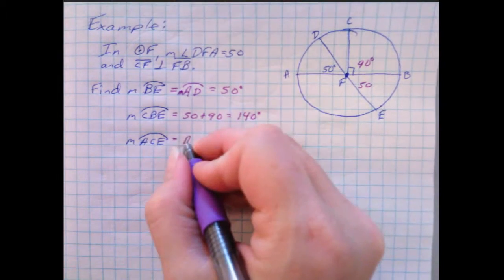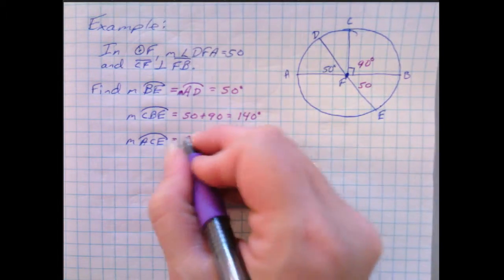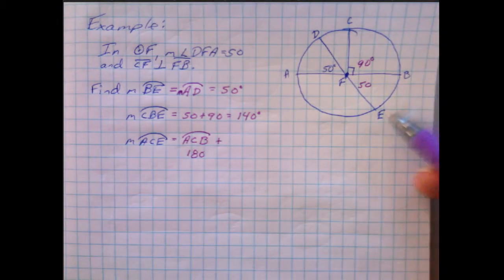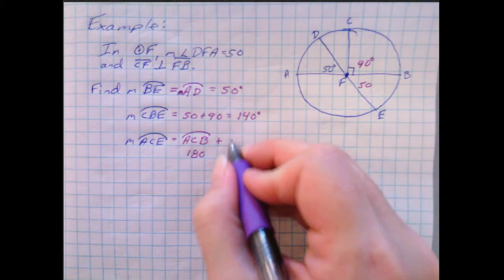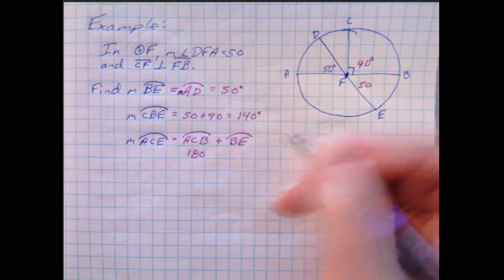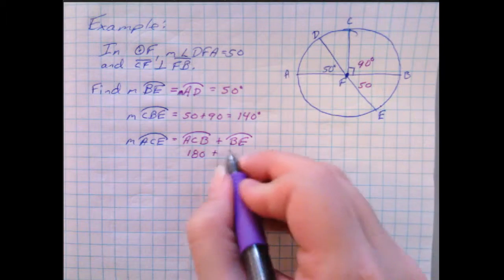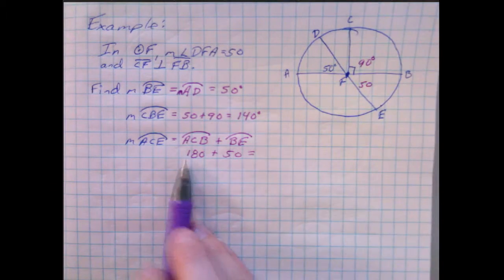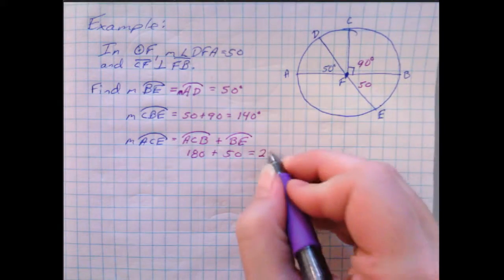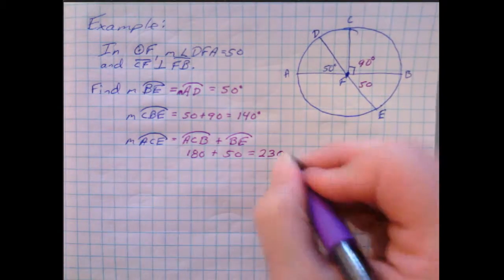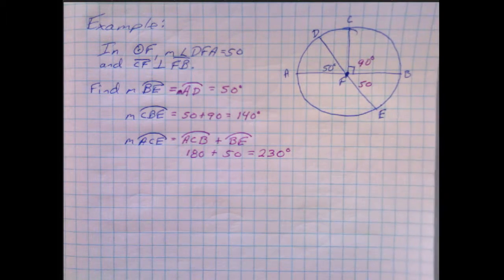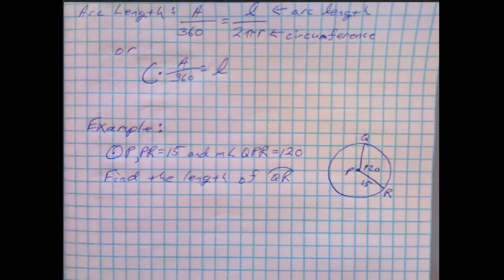So I'm going to take ACB, which is 180, plus BE, which we found to be 50, and I'm going to add those together. So I end up with 230 degrees. Okay? 230 degrees there.